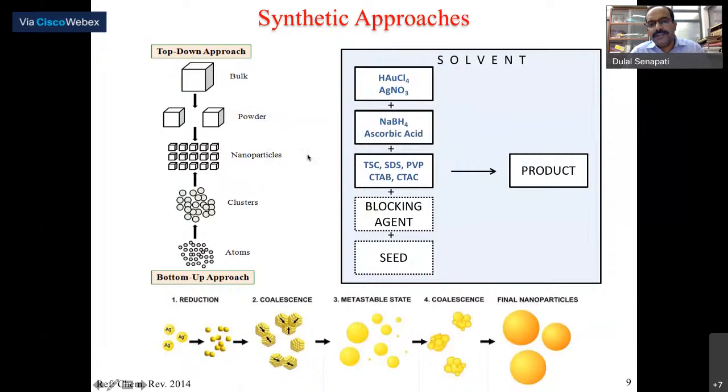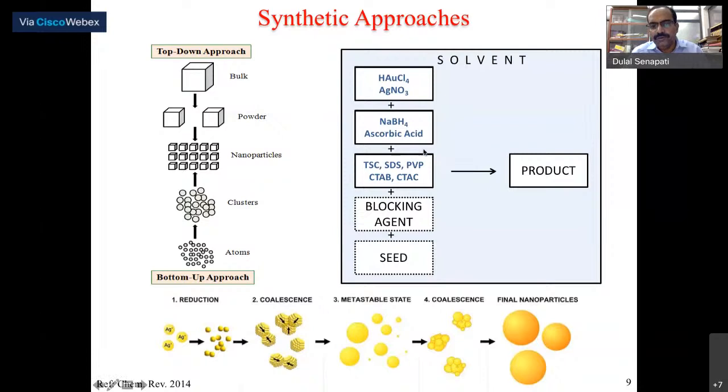But for chemists, we generally use a metal precursor. For gold, we use HAuCl4. For silver nanoparticles, generally we use silver nitrate. For copper, we use copper sulfate or copper chloride, and then we generally mix it with a reducing agent. That could be a strong reducing agent or a weak reducing agent.